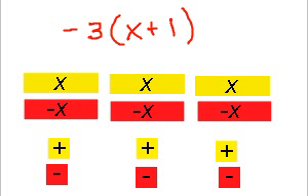By adding the 0 pairs, I haven't changed the value of what I'm doing. But because we have this negative here, it means we're starting by taking something away. So we add the 0 pairs so we have something to take away. Now I'm going to take away 3 groups of x plus 1.